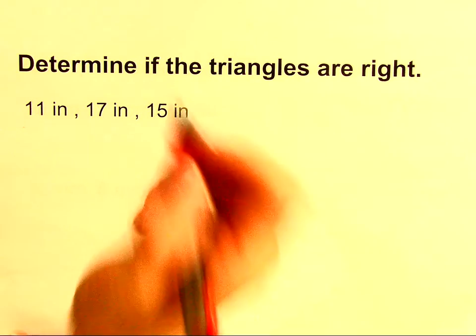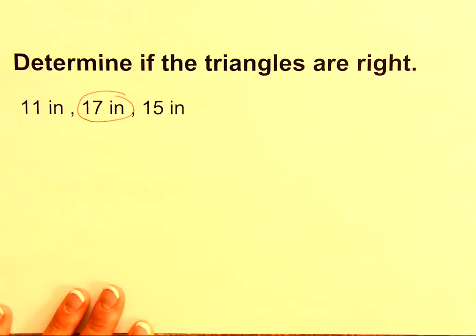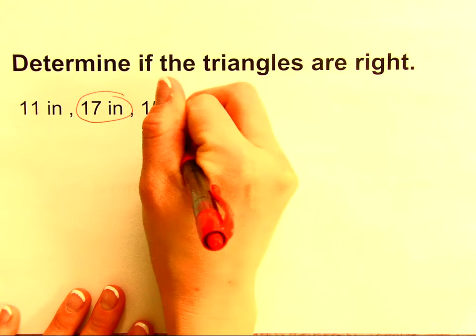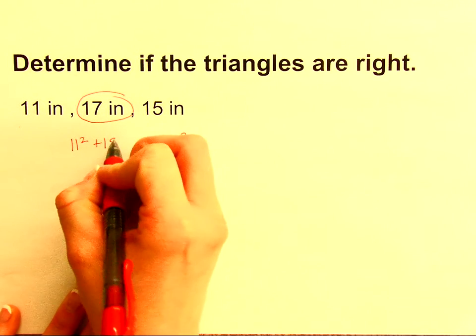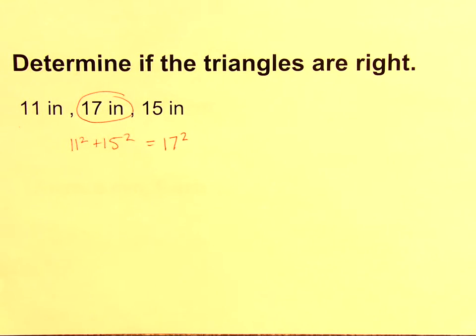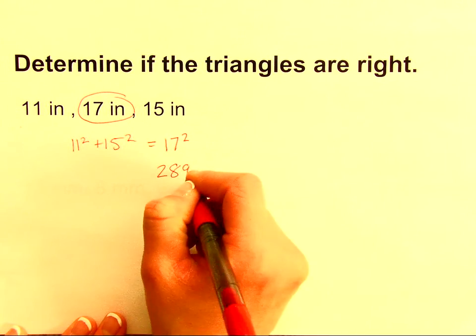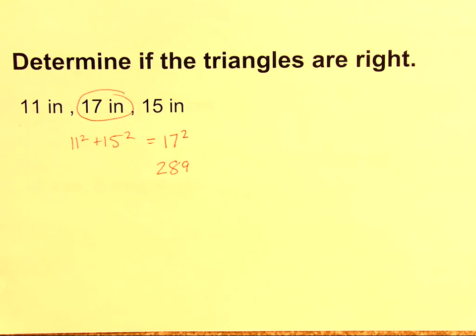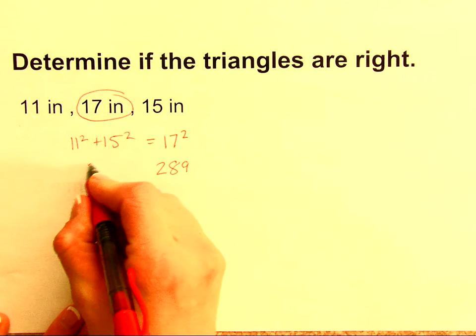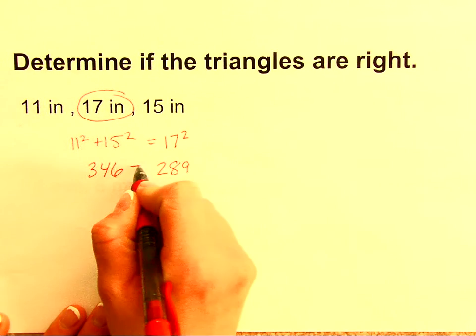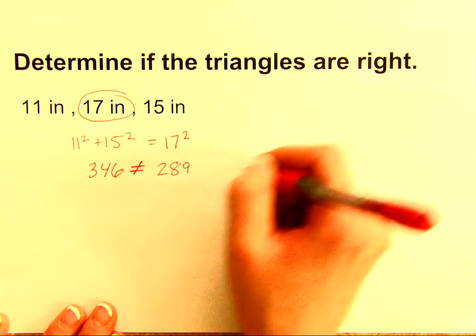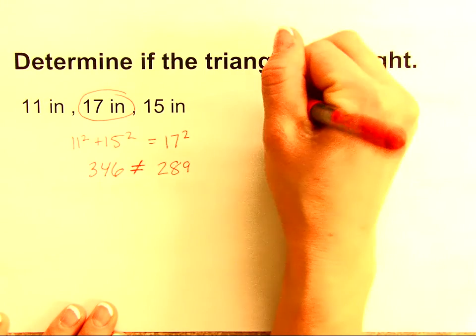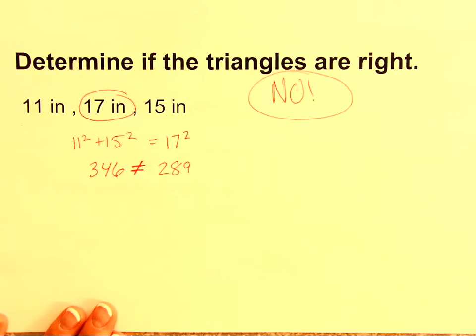Remember, your longest side here is your hypotenuse, so that has to go in for C. So 17 squared is 289. 11 squared plus 15 squared is 346. So these do not equal each other. Is the triangle a right triangle? Nope.